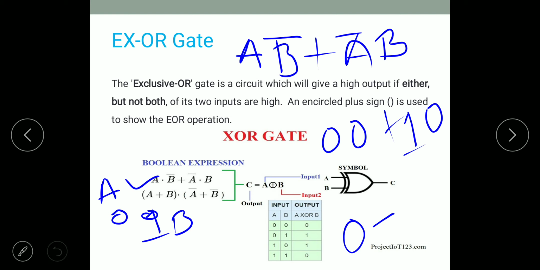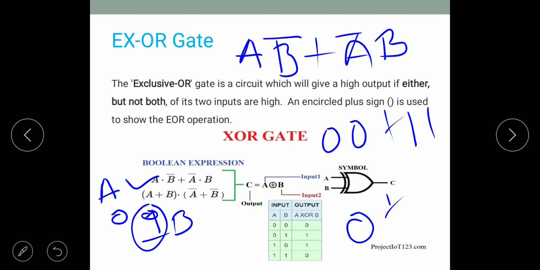Sorry, wait. Here A is 0, then A bar is 1 and B is 1. So 0 dot 0 is 0, plus 1 dot 1 is 1. So 0 plus 1 is 1. So the answer is 1. Similarly, we can verify the other two combinations for the XOR gate.